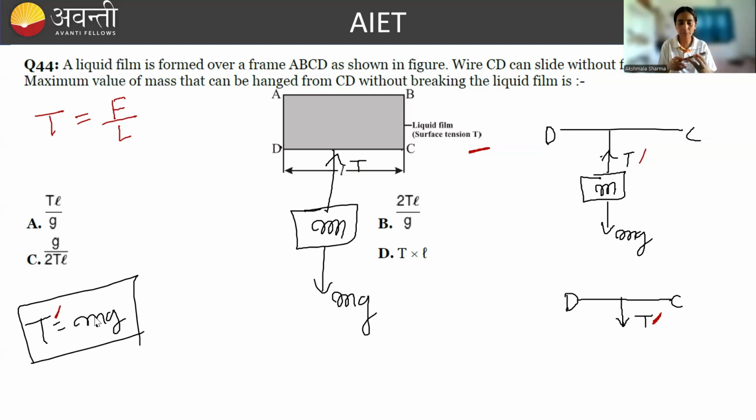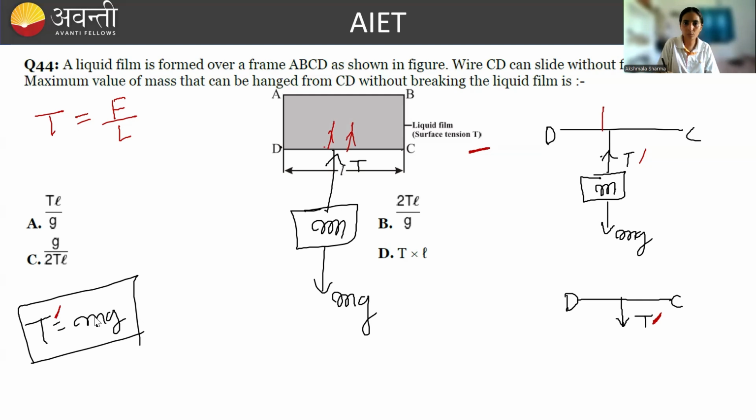Done. And again, you must have learned the surface tension of a liquid film. If this is the liquid film, it has two surfaces, right? Two open surfaces, one upward and another backward. So if there are two open surfaces, two surface tension forces will act. One will act like this, and another from the bottom side.